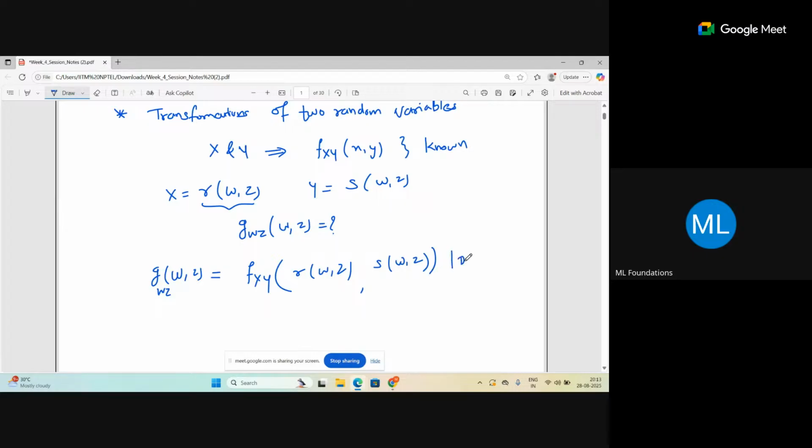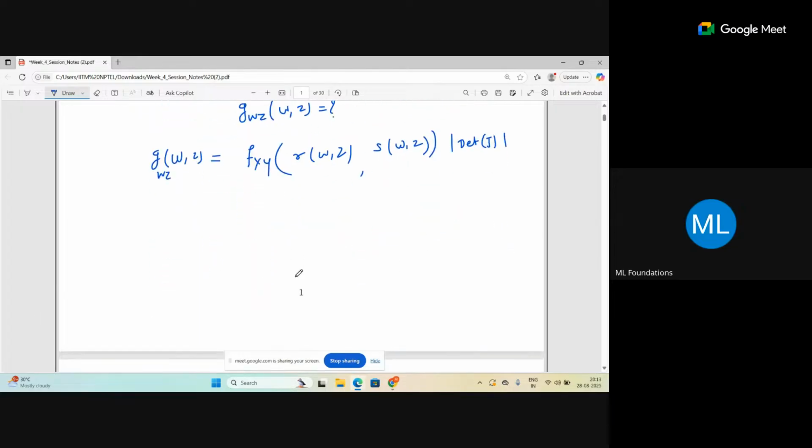So this is the way of finding the joint density of two unknown random variables.